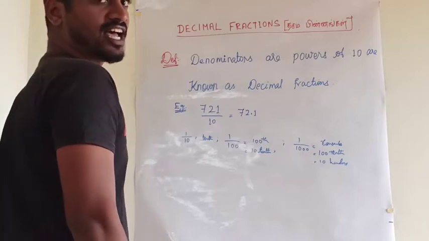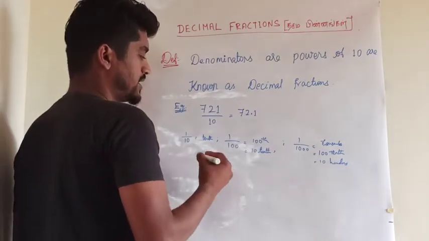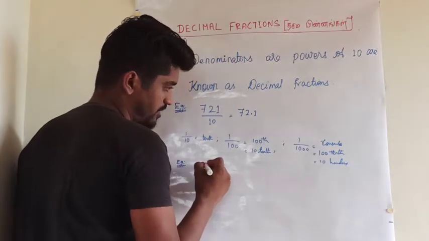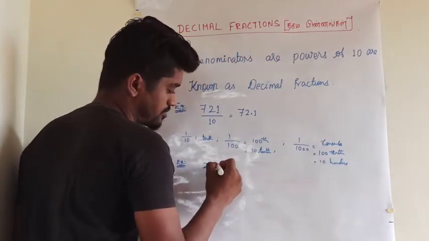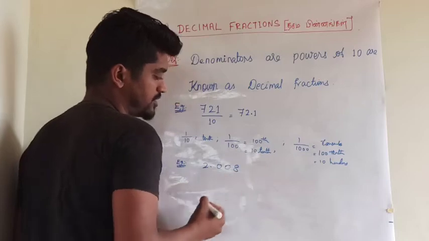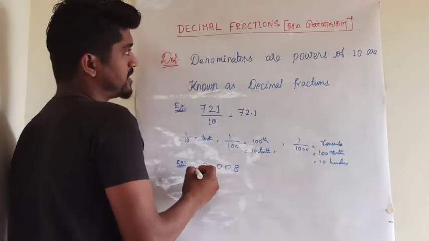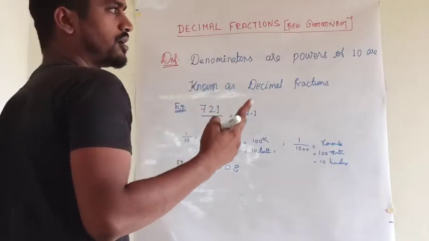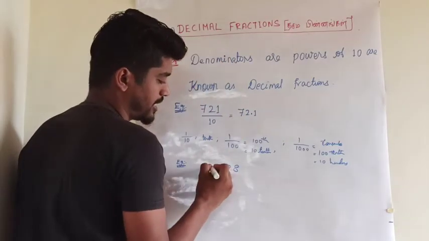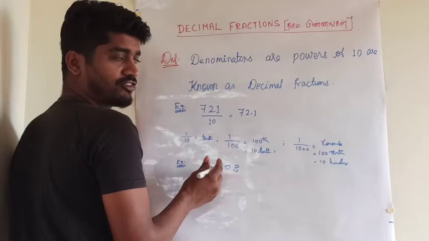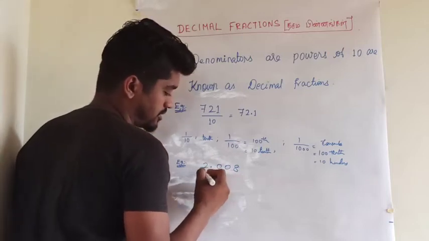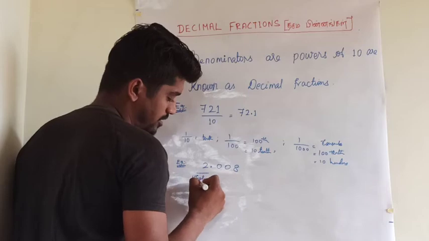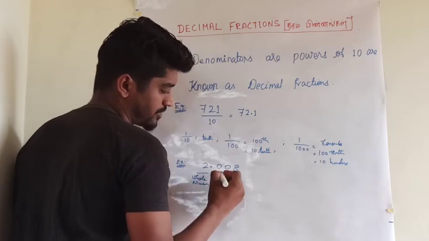For a decimal fractional value, let us see an example, 2.008. The decimal fractional value contains two parts which are separated by the point. Before that point, the part is the whole number or whole part.